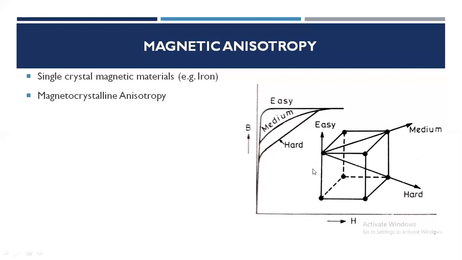This direction, from this point to this point, is an easy direction. Also, from this point to this direction is an easy direction, and from this point to this edge is also an easy direction. This is concerned with the distance between the two edges. Simply, it is a hint from my side.